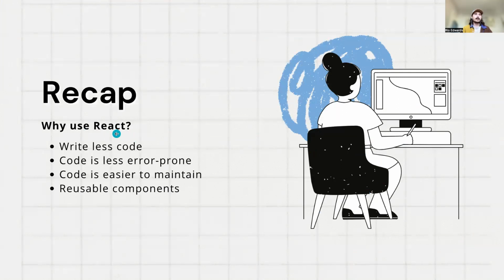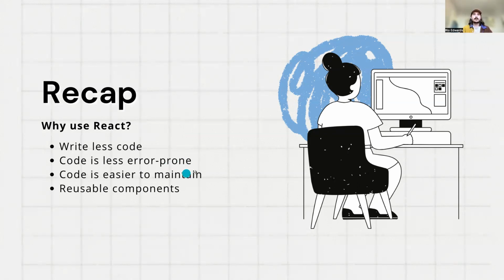Why do we use React? Well, React solves at least all those problems I mentioned and more too. You can write less code. Your code is less error prone. It's easier to maintain, and you have reusable components. So for example, in your HTML, if you wanted to make many different buttons, you actually have to write out all the different buttons.